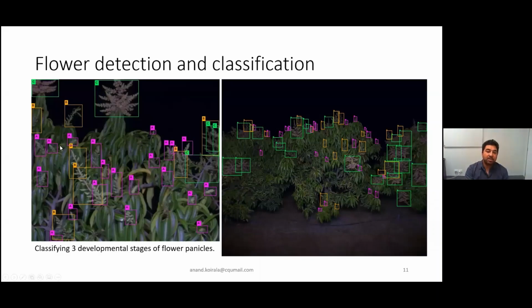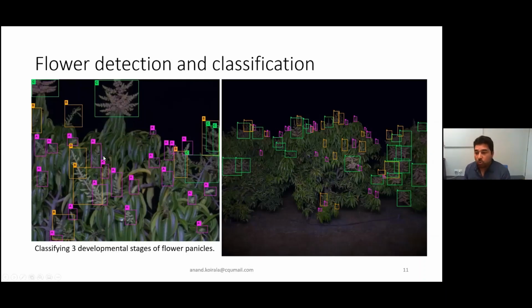A is the very early stage of flowering, B is the middle stage, and C is the late stage of the flowering. I was really interested to know how much of the flower in my farm has gone to a mature stage. Now it's going to bear some fruits. So I can get that information if I do this.